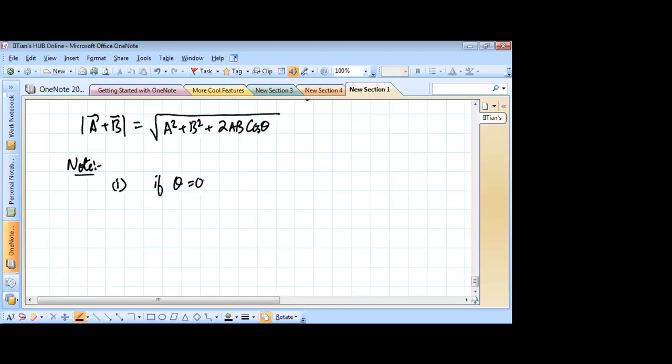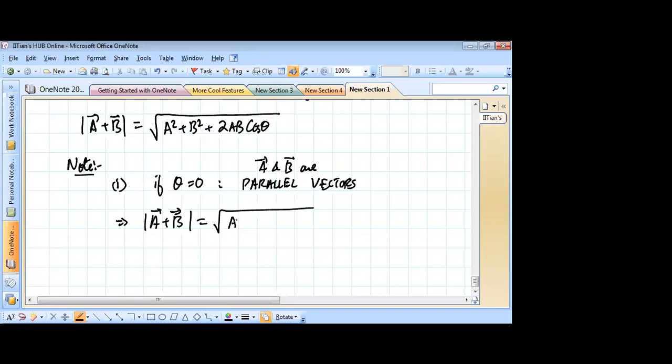If theta is equal to 0, that is, A and B are parallel vectors, then mod of A plus B becomes root of A square plus B square plus 2AB, because you know that cos 0 is unity.